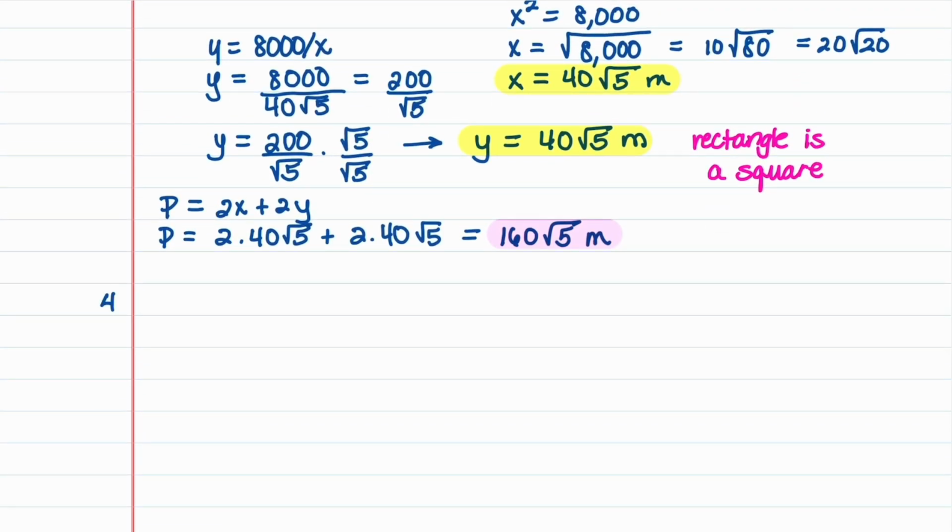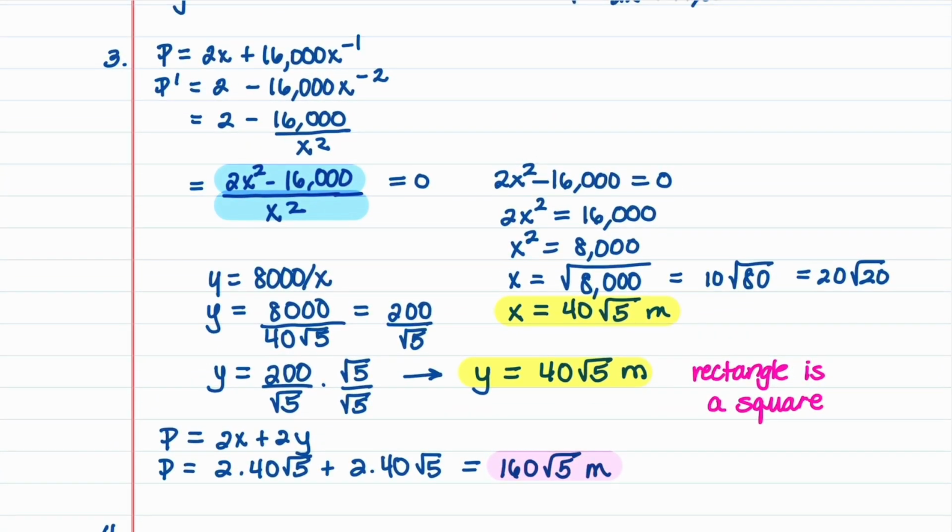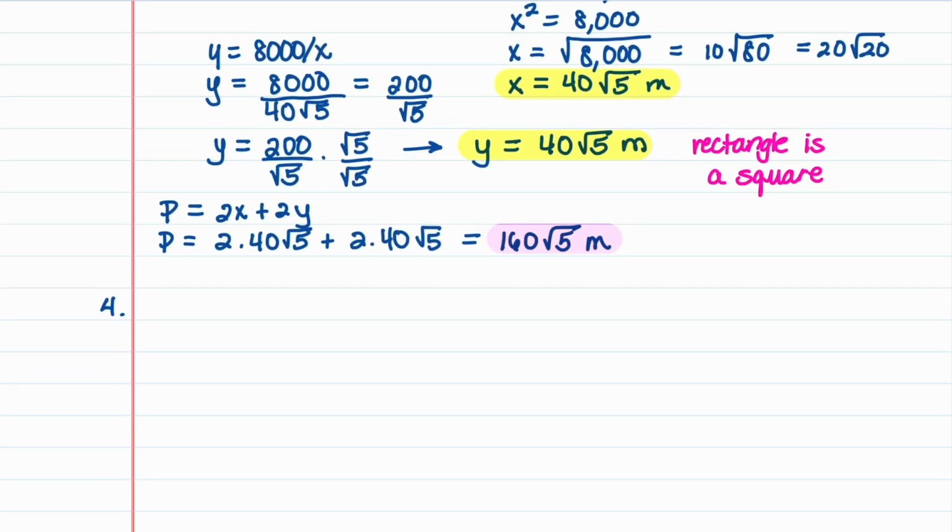In step 4, we need to justify that our answer gives a minimum value. Because our domain is open and our derivative, I highlighted that in blue, is pretty complicated, I think we should use the first derivative test instead of the second derivative test to justify that p is a minimum. So let's write this down.